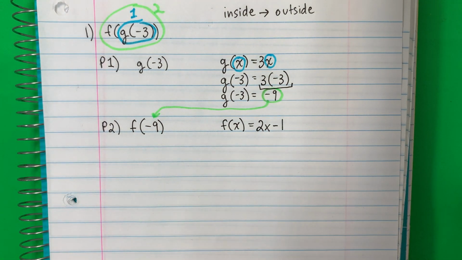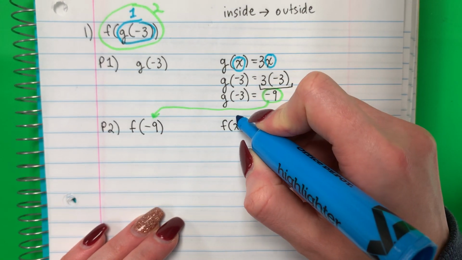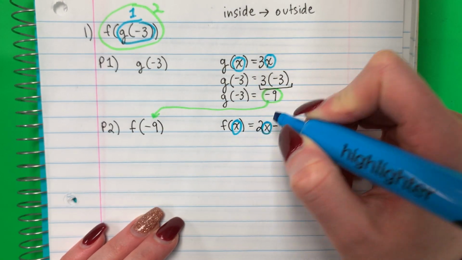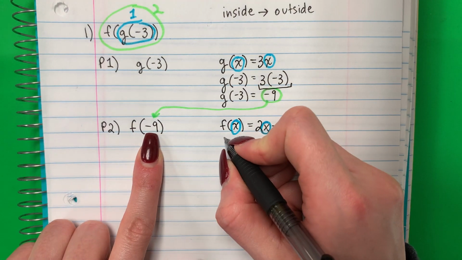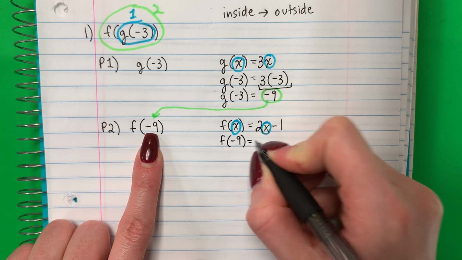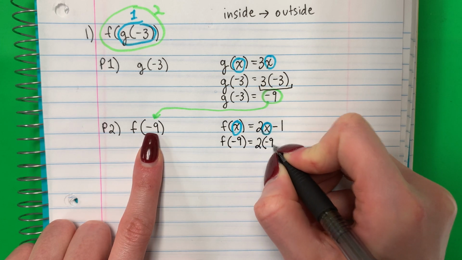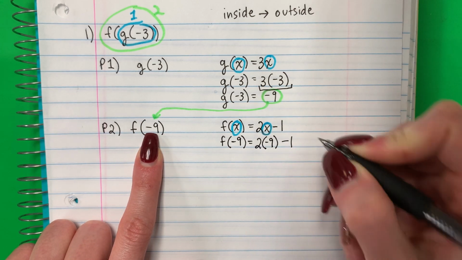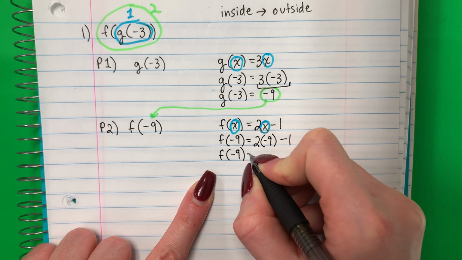And again, I'm going to replace the x. Otra vez voy a reemplazar la x. And I will put my number -9, right? So f of -9, parenthesis, equals 2, no x, parenthesis, -9, parenthesis, minus 1. Go ahead and copy f of -9, parenthesis, equals this part.